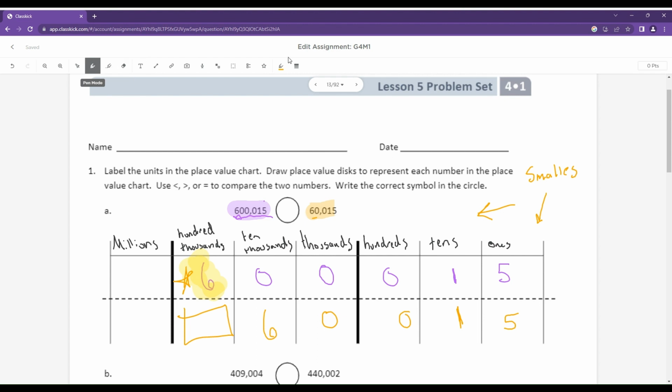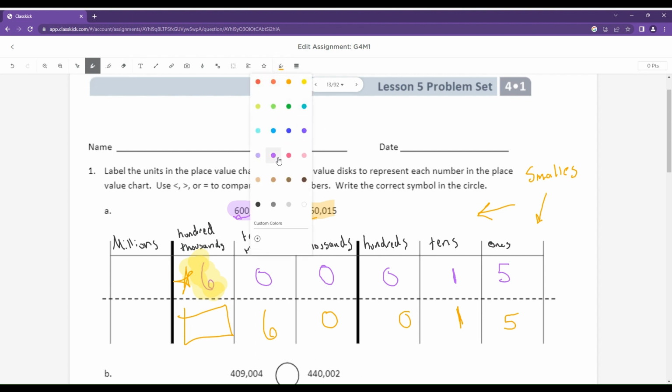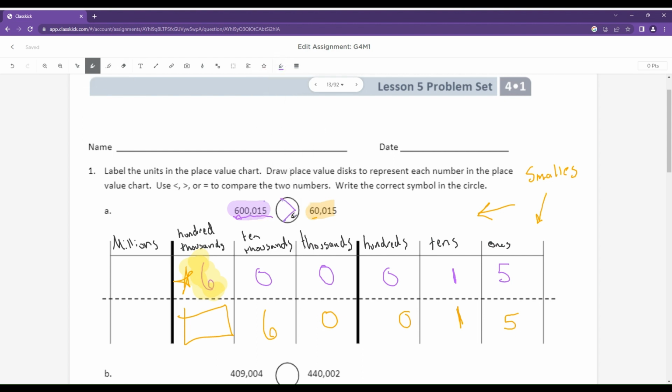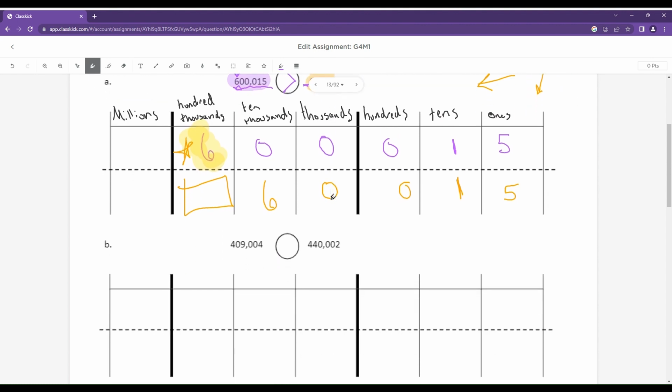So we would read this as 600,015 is greater than 60,015, simply because I have a number in the 100,000s place. This one has nothing in the 100,000s place, so any amount of 100,000s, in this case 6, is going to be greater than no 100,000s.